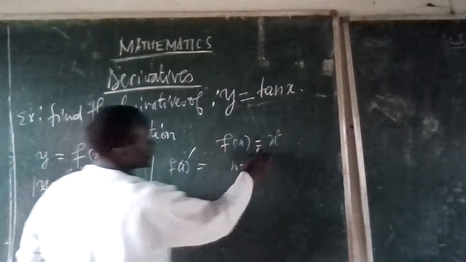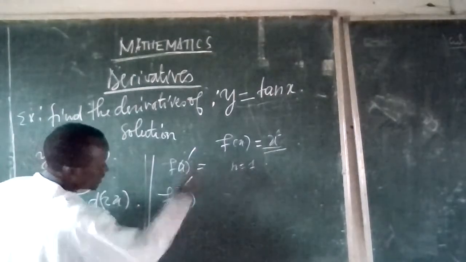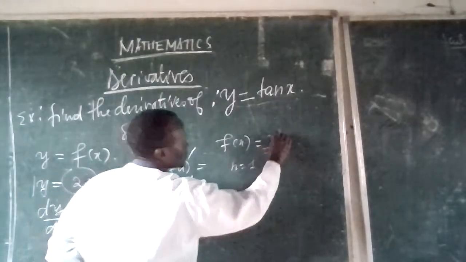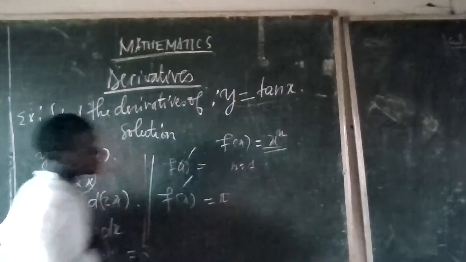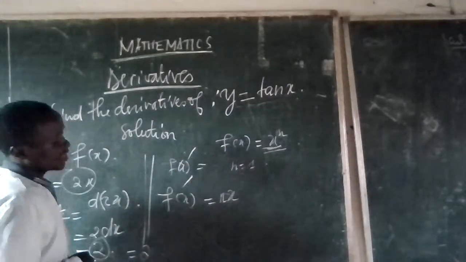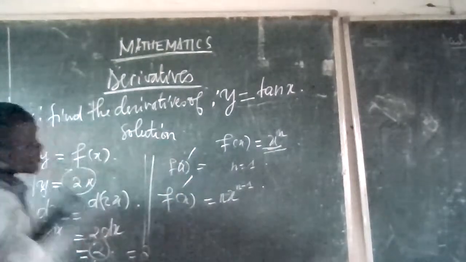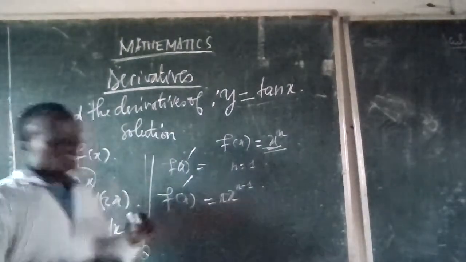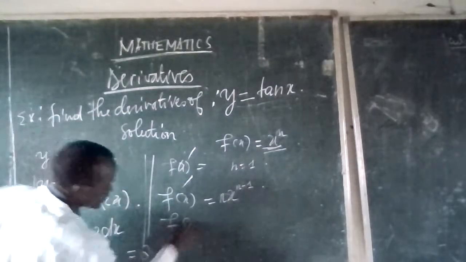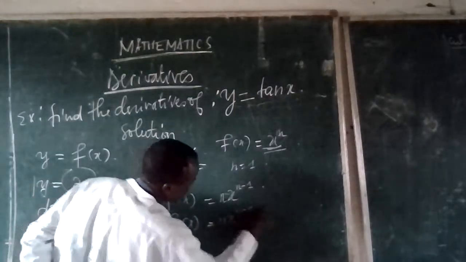When we make the derivative of x, the derivative of f of x will be: you take that n from here, you write n times x, then power n minus 1. As I told you, in derivative, the power decreases. So finally, the derivative of f of x will be n times x to the power n minus 1.